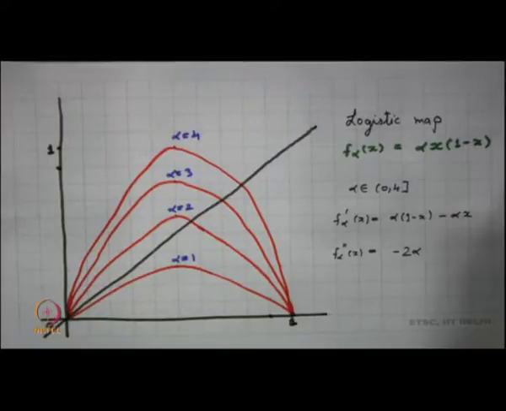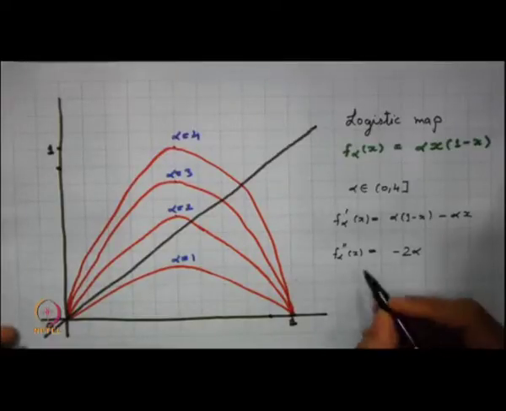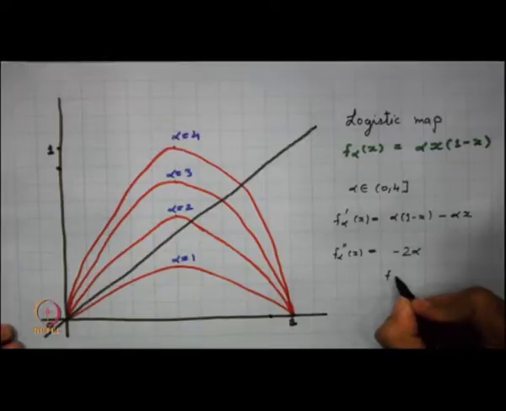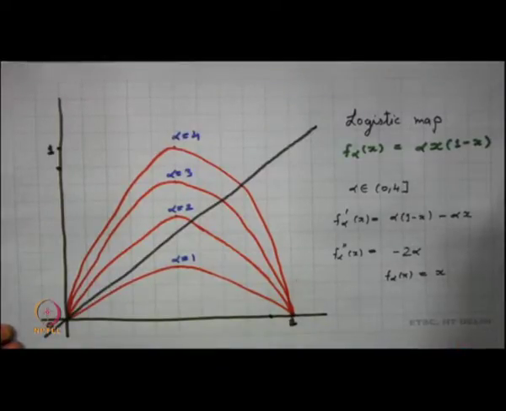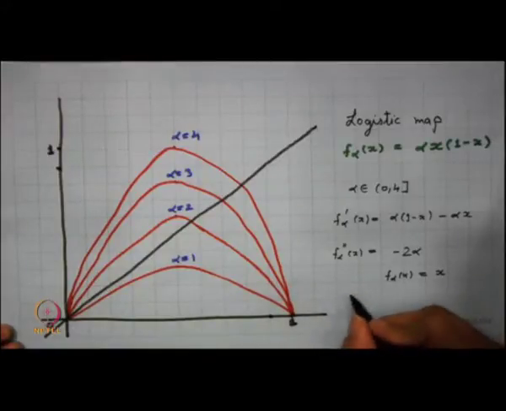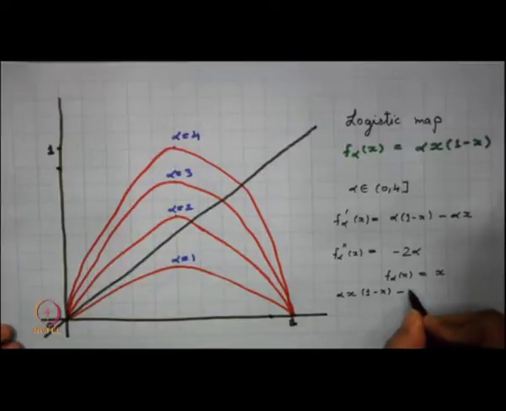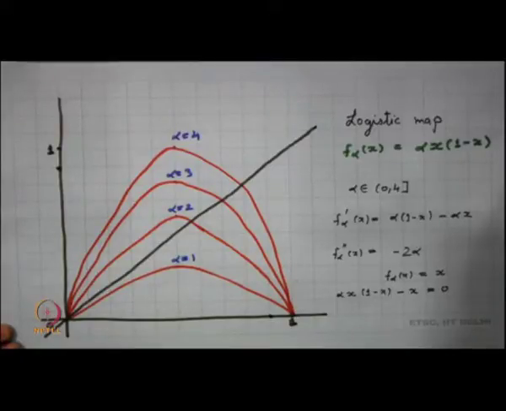Also, we want to look into whether there is any possibility of a fixed point here. So, we are looking into what happens when f alpha of x is equal to x. We are solving this equation: alpha x times 1 minus x minus x is equal to 0, and what values does this give for x?